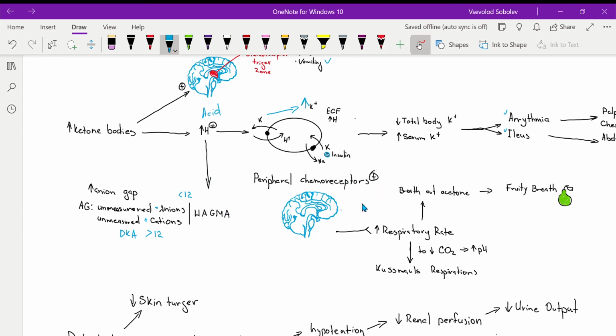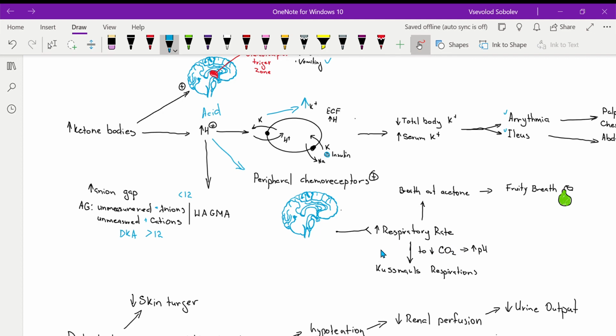Peripheral chemoreceptors are stimulated due to increased acidity. Increased acidity stimulates the peripheral chemoreceptors in the carotid arteries, and they stimulate the pons, where our breathing centers are, to increase the respirations, to blow off that acidity.